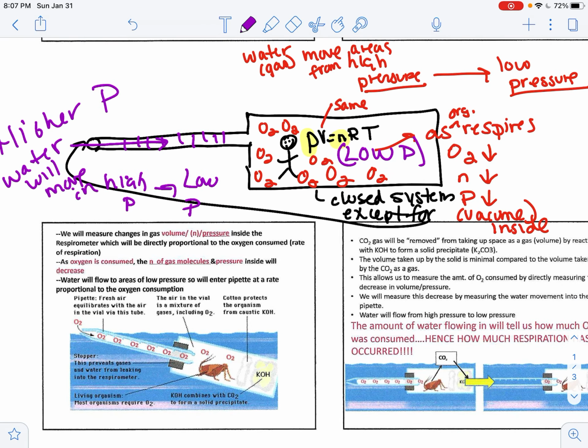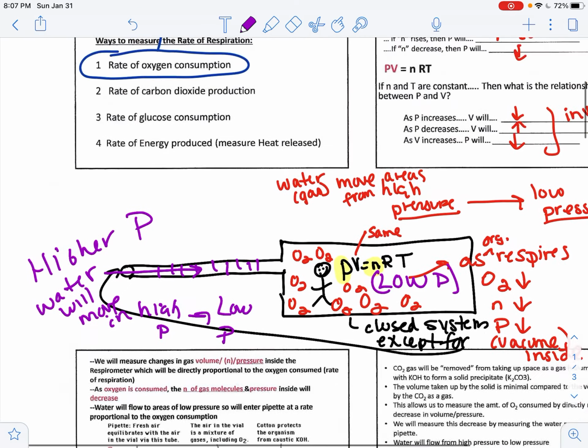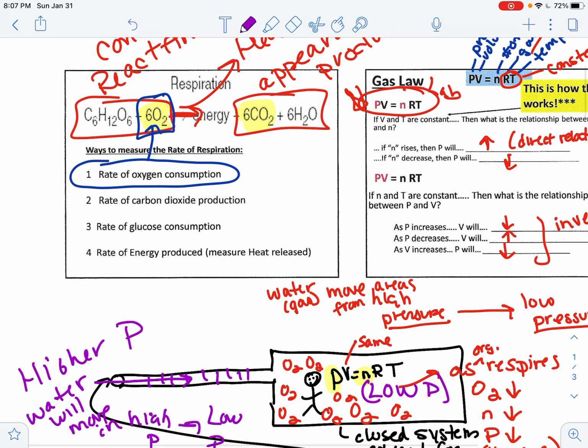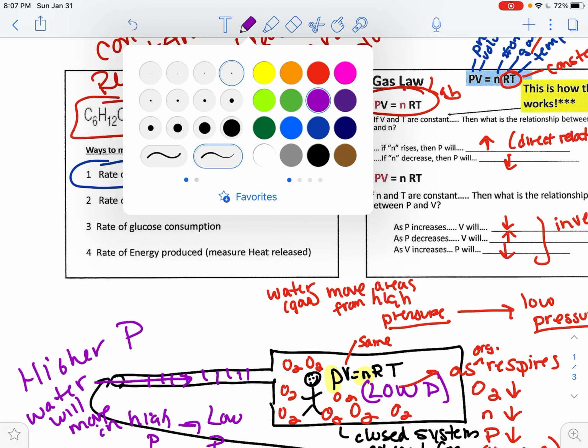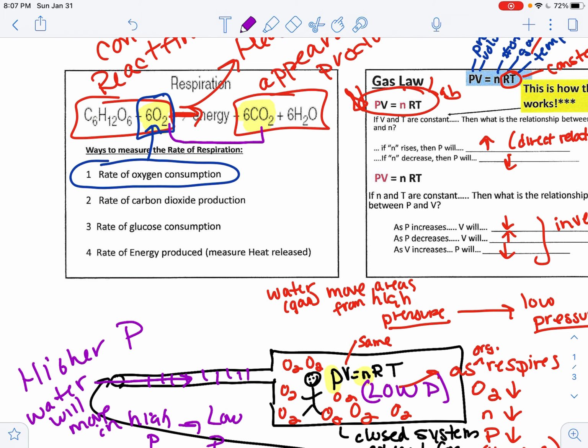Now, all of that, some of you are smart enough to think, but wait a second, there's two gases here, okay? And what really is happening, we have sort of a one-to-one relationship, right? Like for every oxygen gas molecule that is consumed, we have a gas molecule being produced. So in reality, if we weren't just considering oxygen, N would not change as an organism respires.